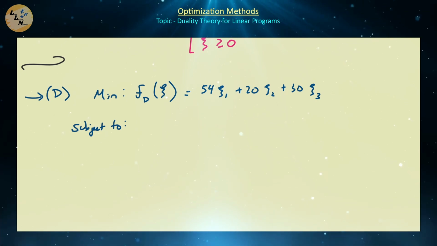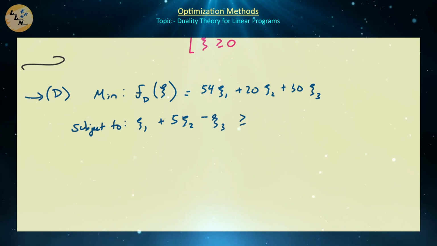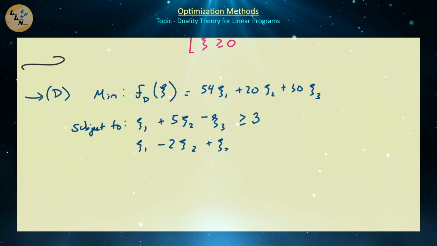So this is going to be subject to psi1 plus 5 psi2 minus psi3 is greater than or equal to 3. Psi1 minus 2 psi2 plus psi3 is greater than or equal to 5.